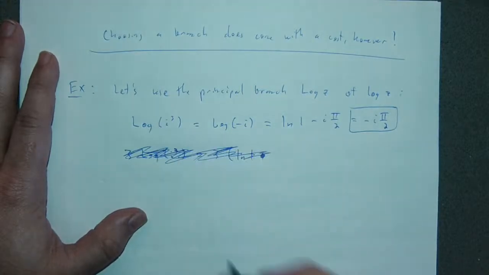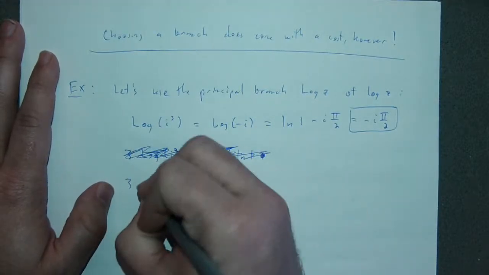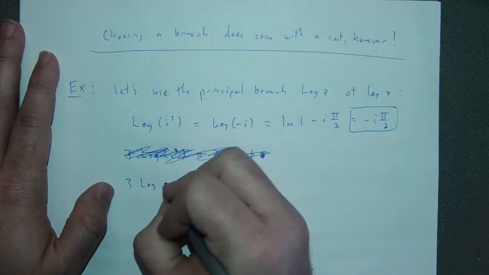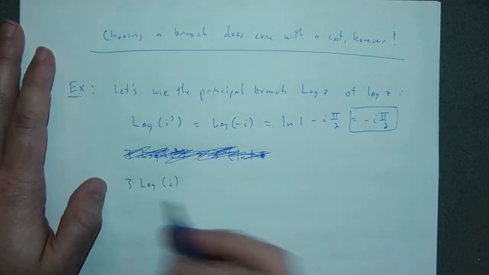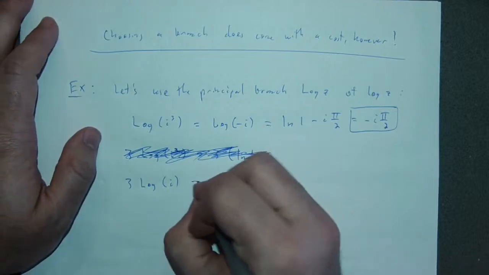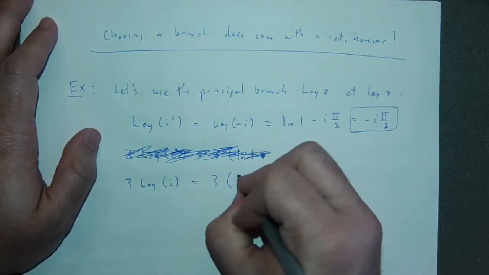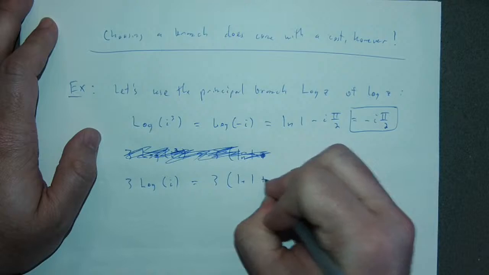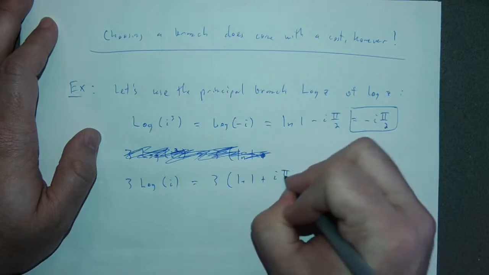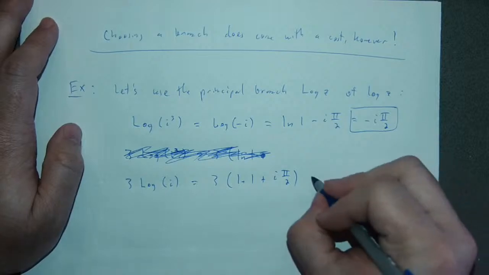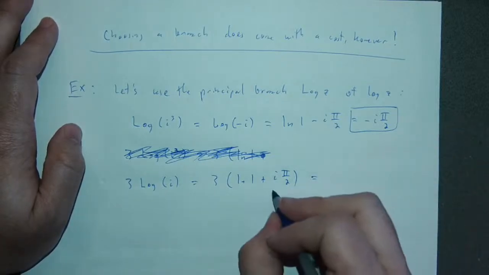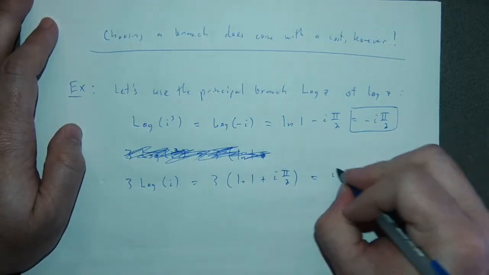I'm trying to see whether or not this log rule for the power of a complex number actually works out. So 3 times log i is 3 times ln of 1 plus i times pi over 2, since this is log i instead. But this is just i times 3 pi over 2.